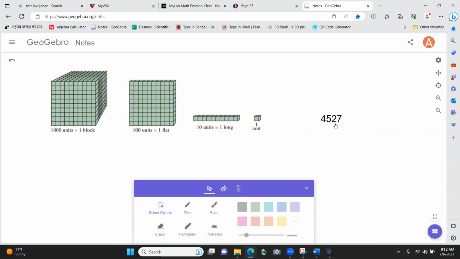4,527. Okay. So this is called the units place, tens place, hundreds place, thousands place. Let me write it down.